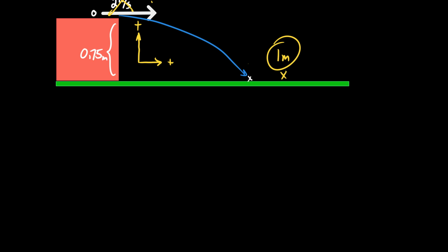Again, trying to use the vocabulary. One of the components of the velocity is the horizontal velocity, which you just found to be 2.56. The other component of the velocity is the vertical velocity, which you just found to be 3.8, and it's downward.